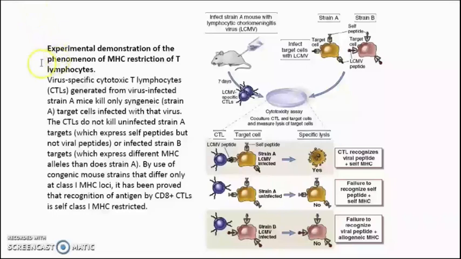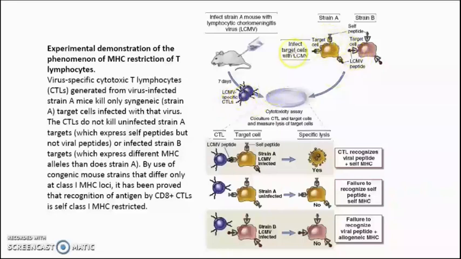Here is an experimental demonstration of the phenomenon of MHC restriction of T lymphocytes. If a model animal is injected with LCMV virus, the LCMV-specific cytotoxic T lymphocytes are clonally expanded.